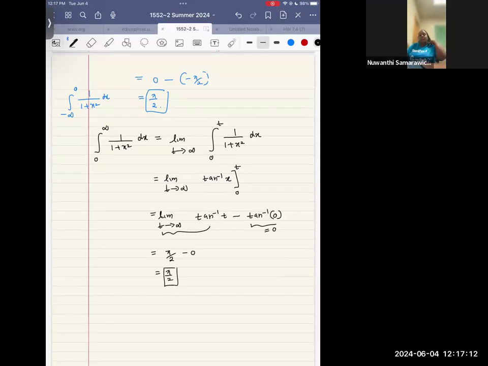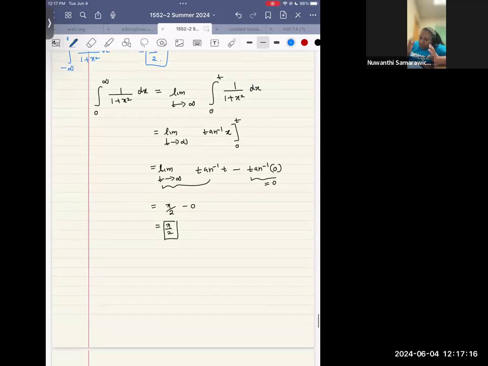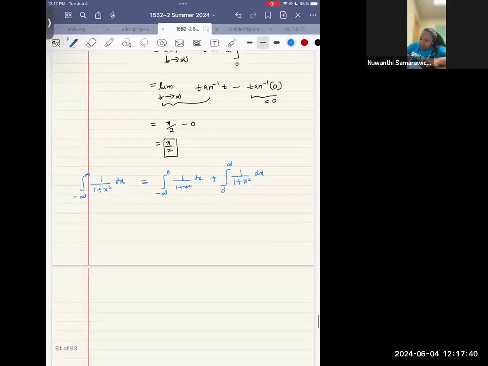Now we have the two parts. So we can straight away write the integral from negative infinity to infinity of 1 over 1 plus x squared dx, which is equal to the integral from negative infinity to 0 of 1 over 1 plus x squared dx plus the integral from 0 to positive infinity of 1 over 1 plus x squared dx.